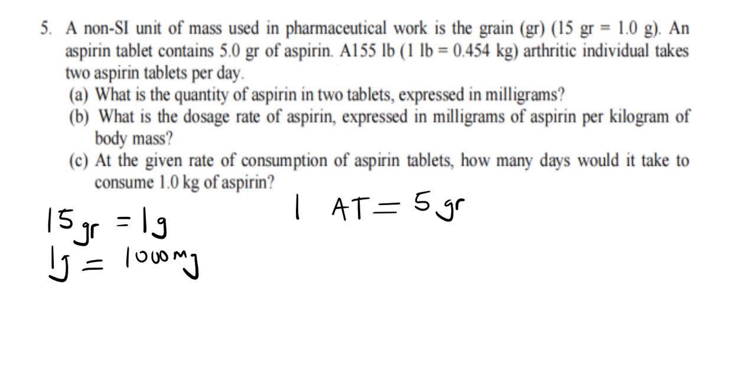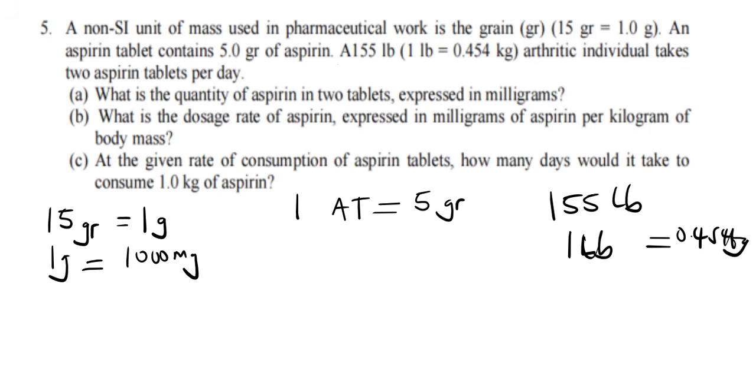Now the patient weight: we've been given that this patient has a weight of 155 pounds. They've given us a conversion that 1 pound, 1 lb, equals 0.454 kg.